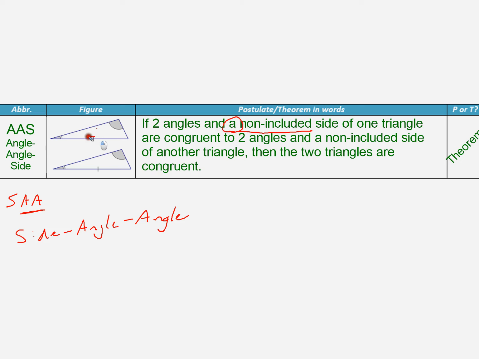If we didn't have this, let's cross this out, we could have had this side congruent to this side, because this is still two angles and a non-included side congruent to two angles and a non-included side. And this one actually is a theorem. We can prove this one true. To prove it, we would use angle, side, angle.